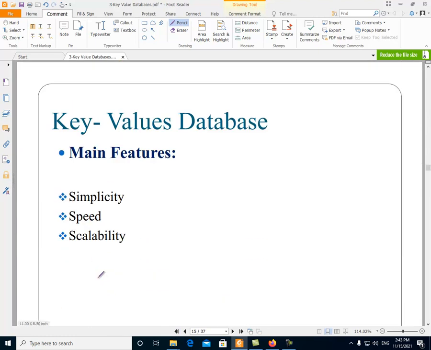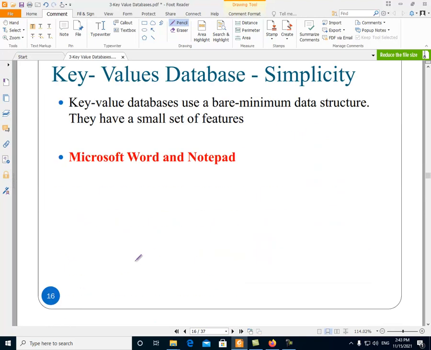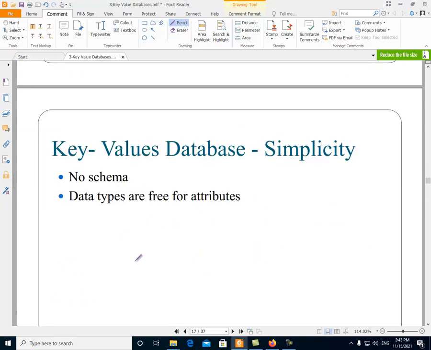And then we said that the main features of the key value database are simplicity. It is very simple. It has no schema, and no limitations on the data types.